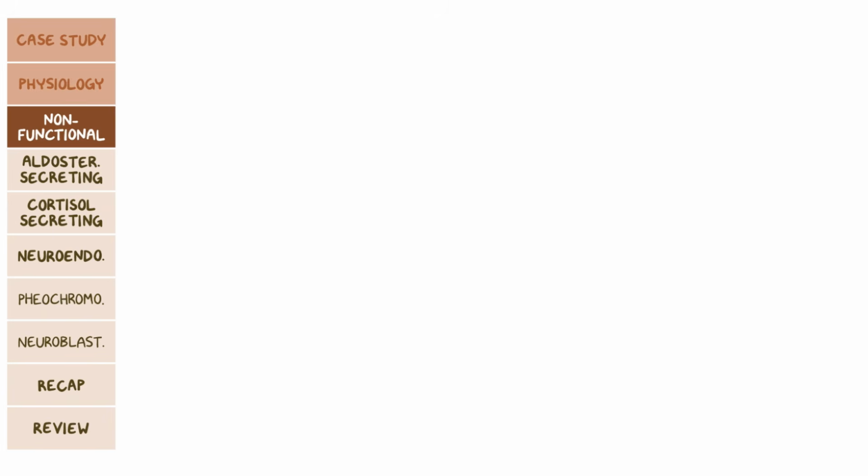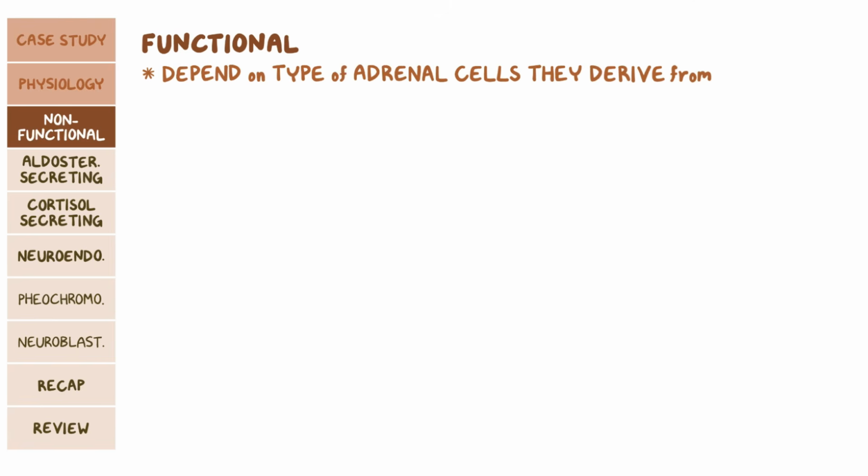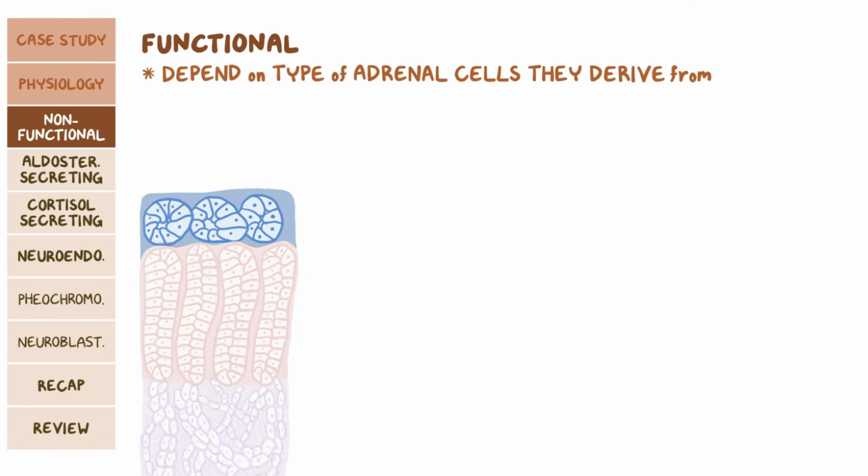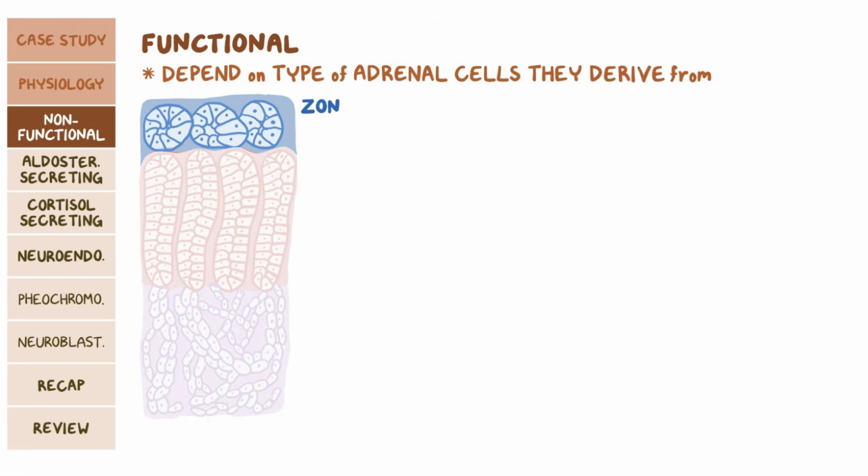Now, when it comes to functional benign and malignant tumors, these are diverse, and the symptoms they cause depend on the type of adrenal cells they derive from. Starting with the outermost zone of the adrenal cortex, the zona glomerulosa, you need to know that the tumors that secrete aldosterone usually originate from this zone, and these tumors are usually benign.